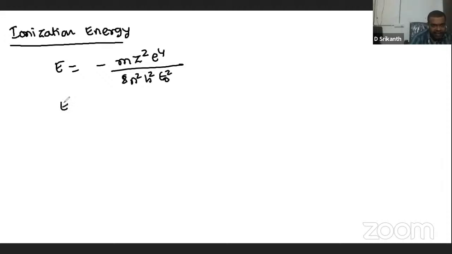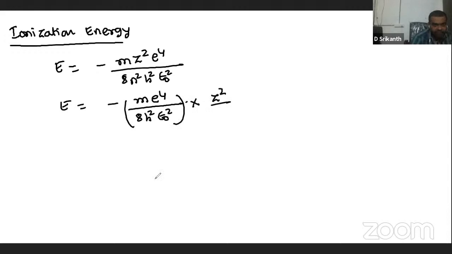This I will write as minus m e power 4 by 8 h square epsilon naught square times Z square by n square. First, I will find the value of m e power 4 by 8 h square epsilon naught square.